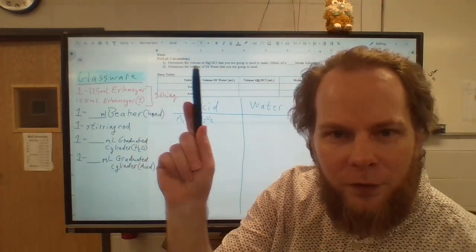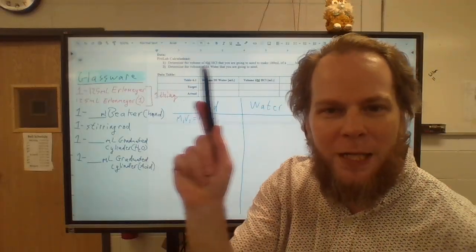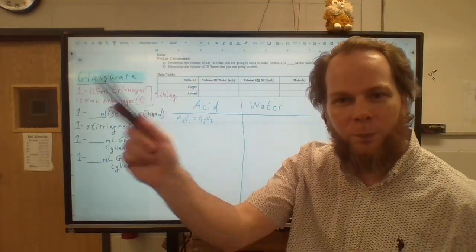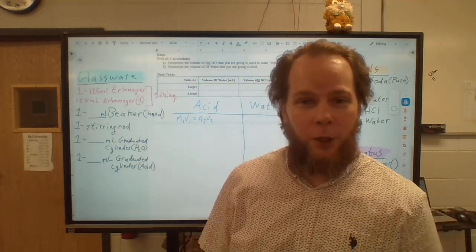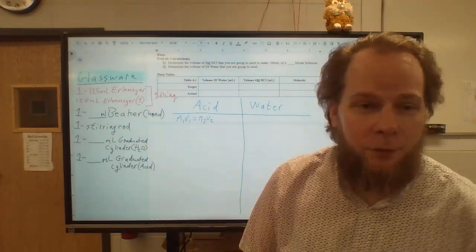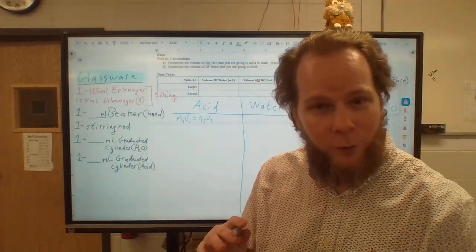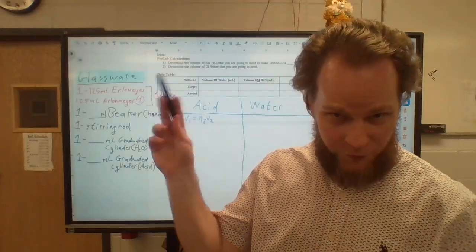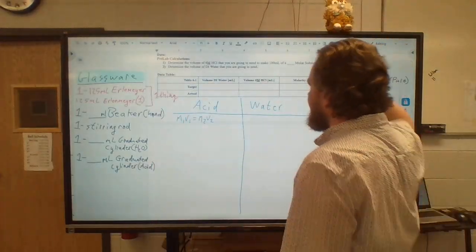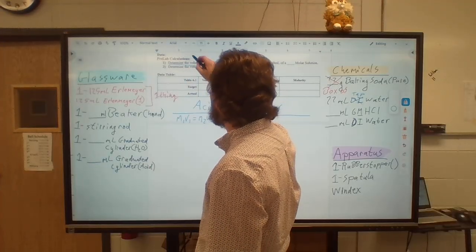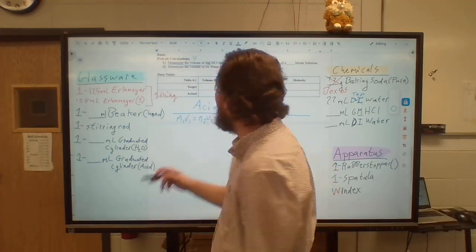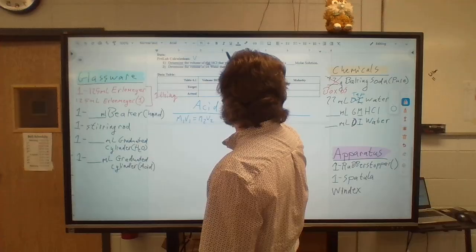Looking up at this question, which is itty bitty on this video, you're going to have to pull it up on your worksheet. So pause this and do that now, because you're not going to be able to see the stuff I'm pointing out. The first thing we have here is determine the volume of 6 molar HCl.